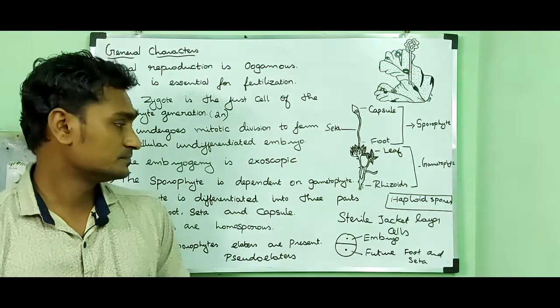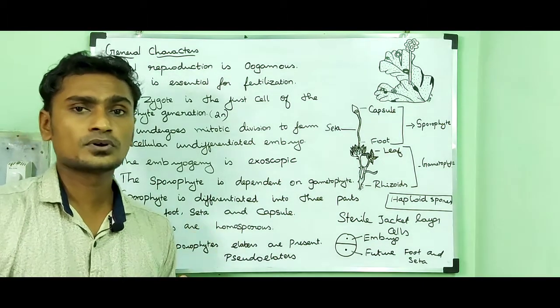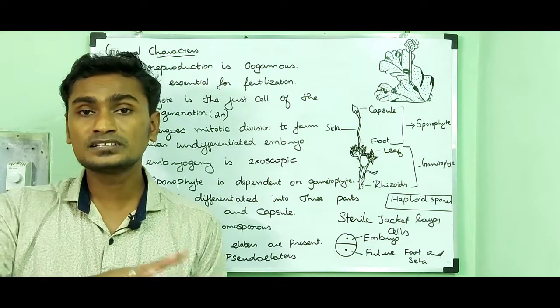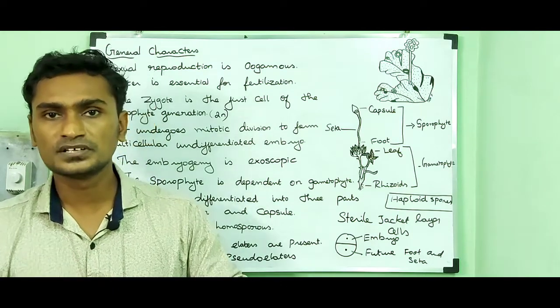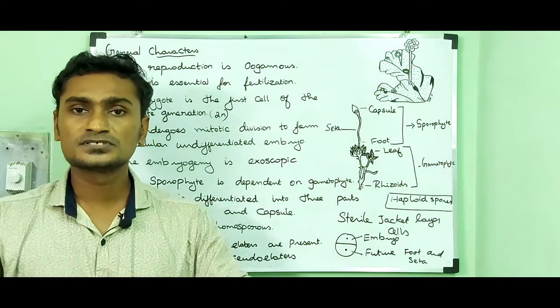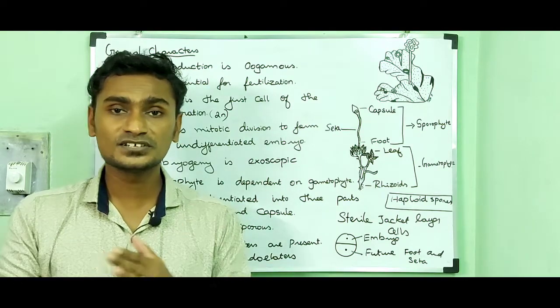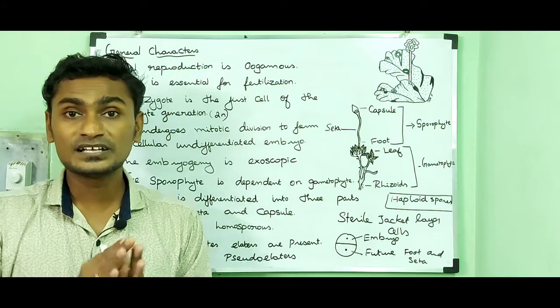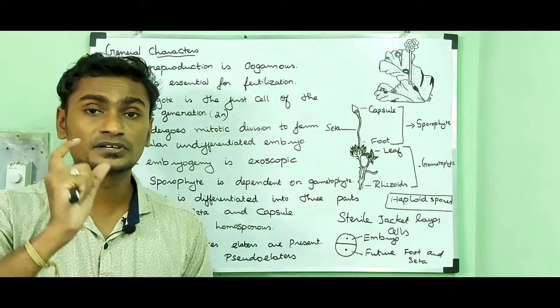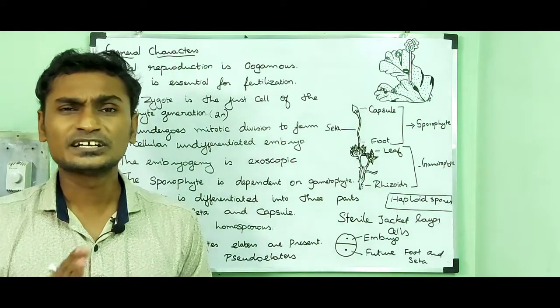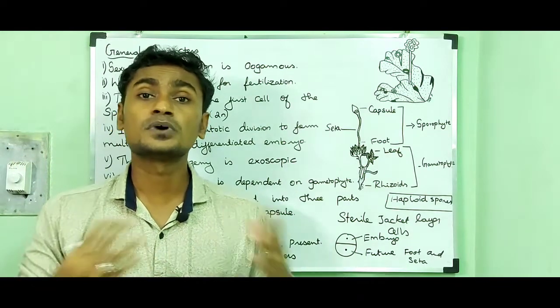Then the sporophytic phase and the gametophytic phase alternate with each other. The gametophytic phase and sporophytic phase keep coming one after another. So it shows alternation of generation. Not only alternation of generation, they have mentioned a particular term called heterologous alternation of generation. Heterologous is nothing but heteromorphic.